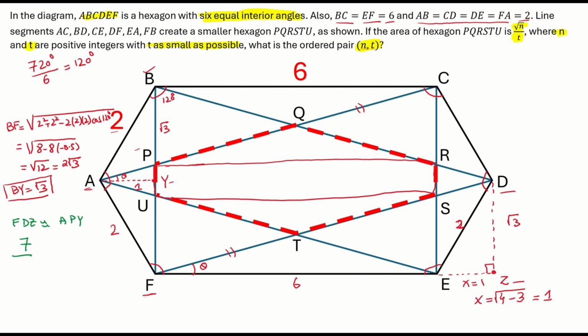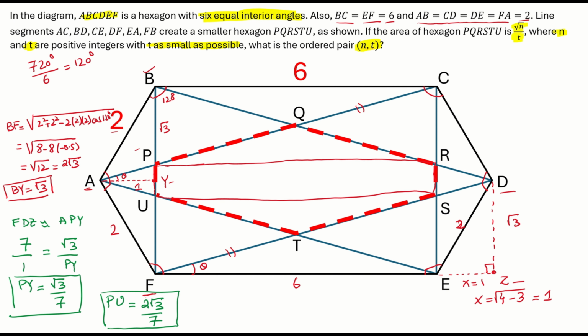So 7 divided by 1 is equal to root 3 divided by PY here. So PY will become root 3 over 7. Okay, so if I have PY equal to root 3 over 7, the distance from P to U will become twice of that.